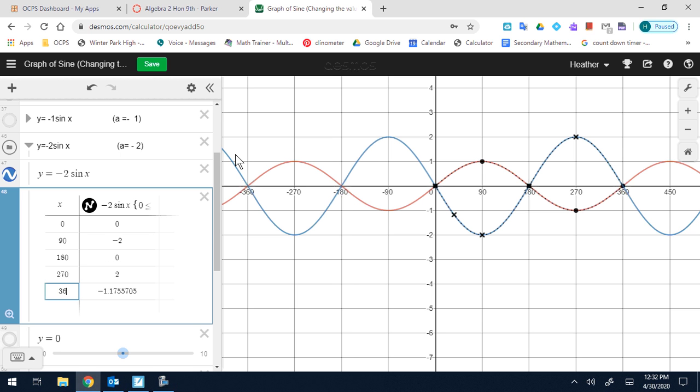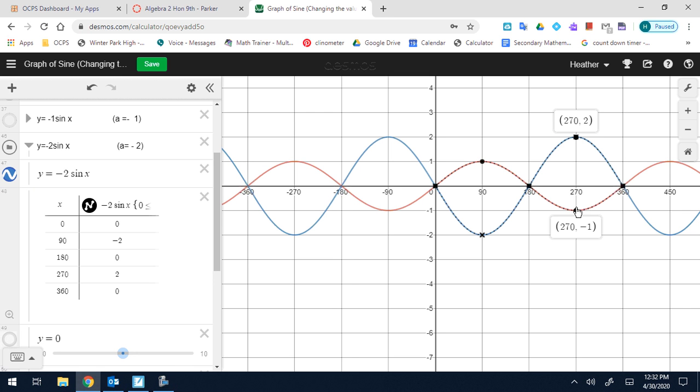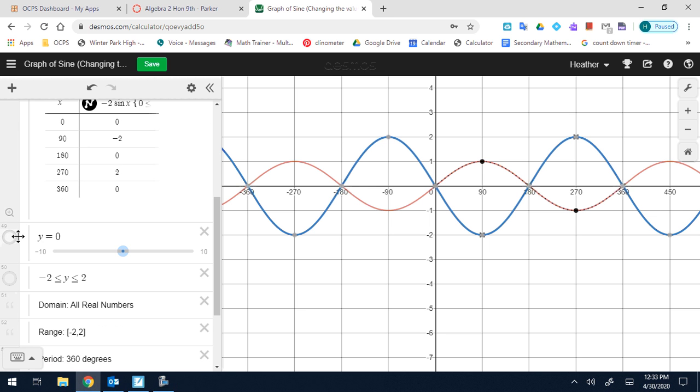Again, I'm only using those particular ones because they're easy. 1, -1, -2, right? So 1, I multiplied by -2, the y value became -2. -1, I multiplied, became +2. So when your a is -2, you have a reflection across the x-axis, and you have a vertical stretch. So your midline doesn't change.